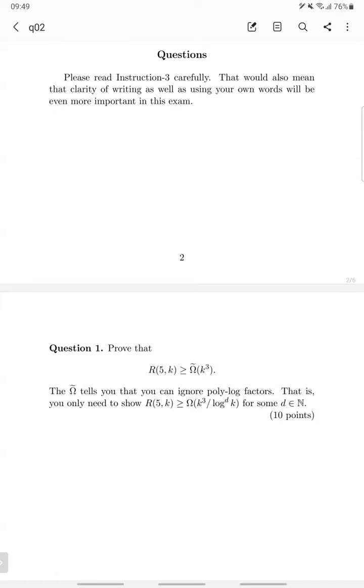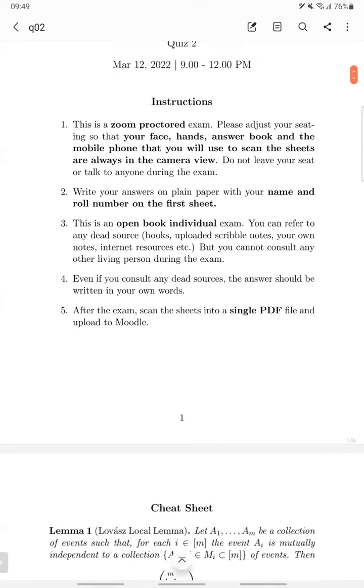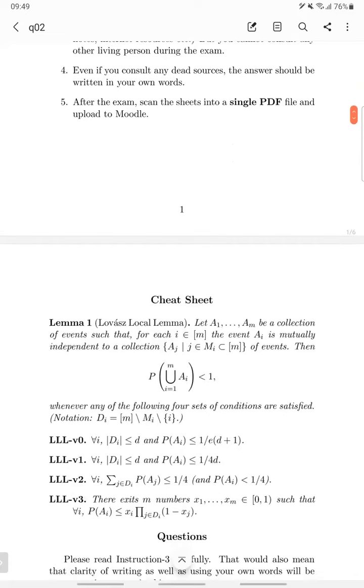In fact, that is why this LLLV3 is the true asymmetric Lovász local lemma. If you had used LLLV2 or something, you make some kind of a mistake. So those who did that, please go through that again and compare it with the solution.